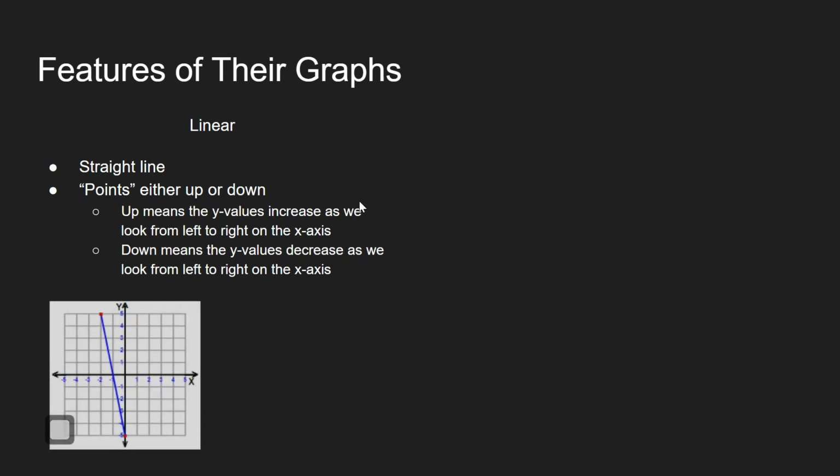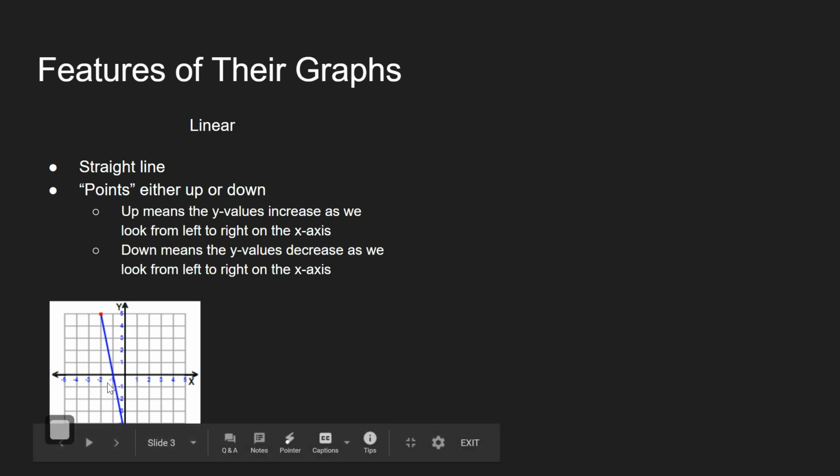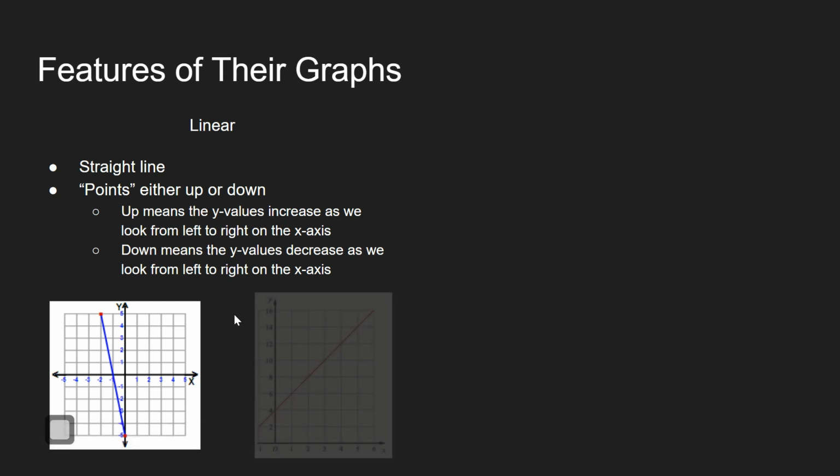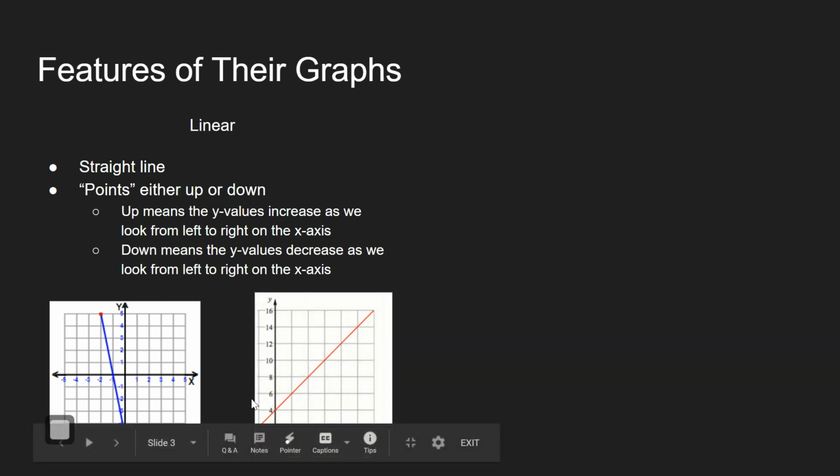So in this first example here, our y values are decreasing as we move from left to right. So this one is pointing downward. Our next example looks at one that points upwards, where the y increases as we move across the x-axis.